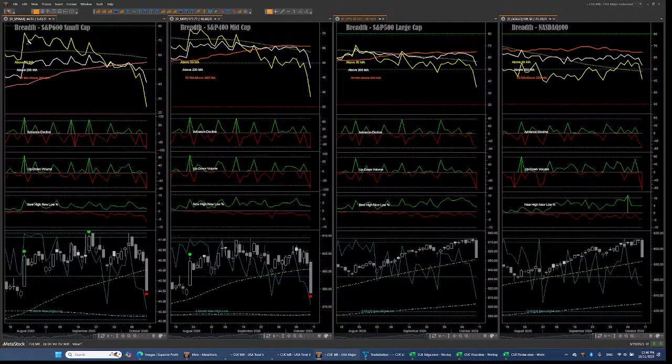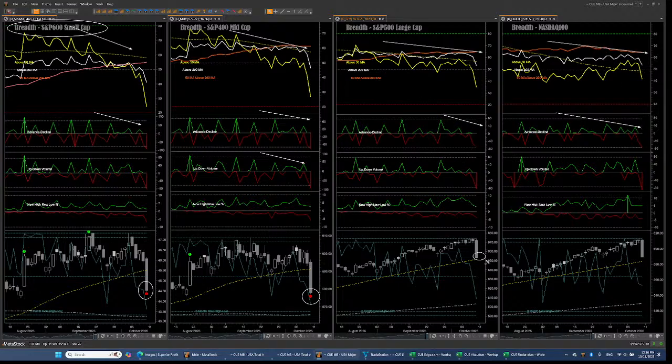Now drilling down even further, small cap, huge drop, bearish divergence was there. Mid cap, bearish divergence was already there, big drop. Large cap and Nasdaq 100, everything had bearish divergence, everything fell sharply.